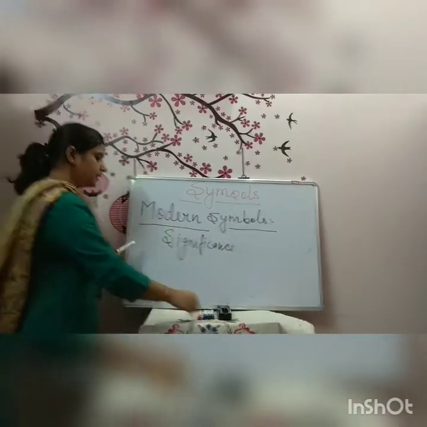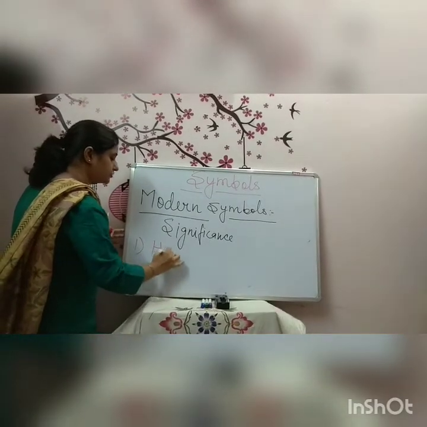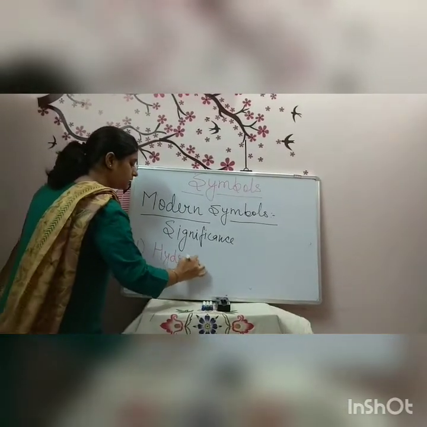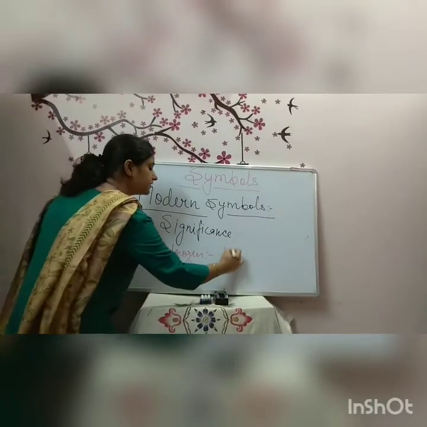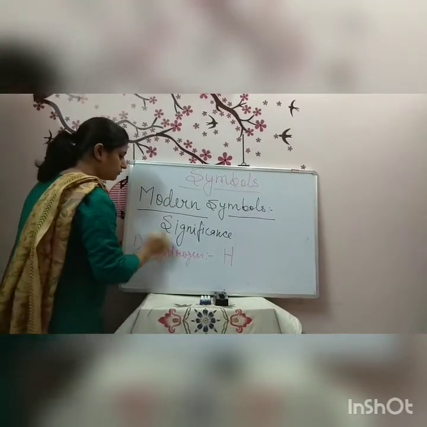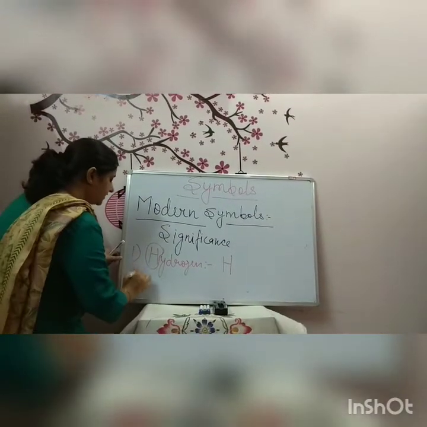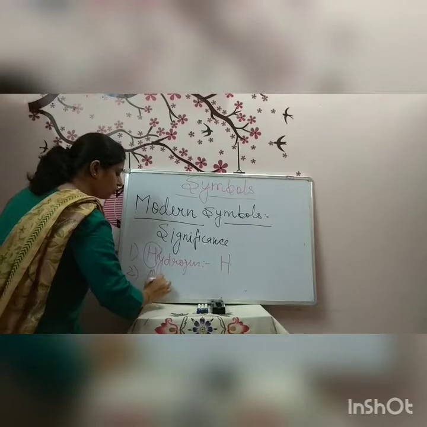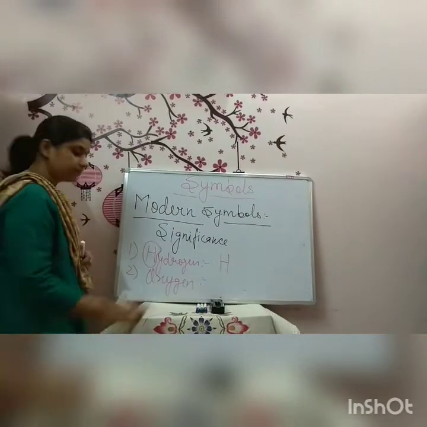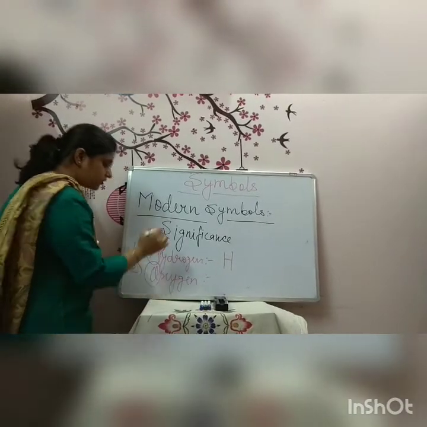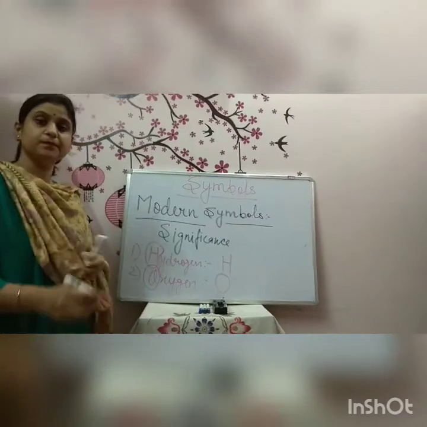Let me give you some examples. First, hydrogen. In hydrogen, the symbol we use is the first letter of its name, that is H. Second example, we can also use oxygen. In oxygen also, we use the first letter of its name and write the symbol as O.